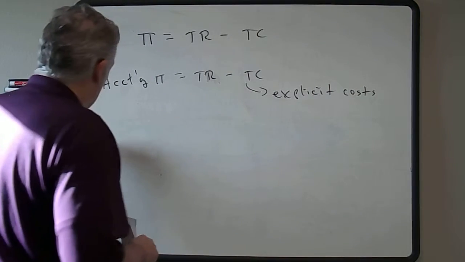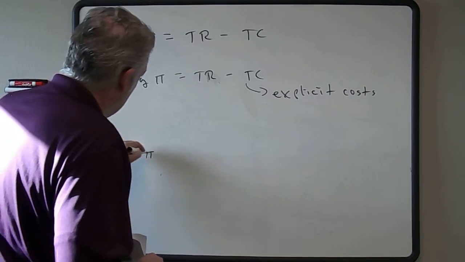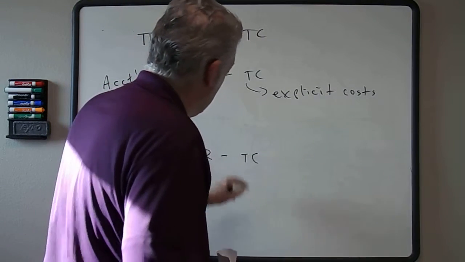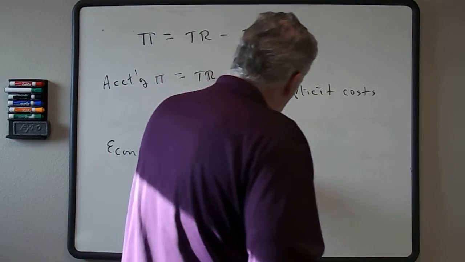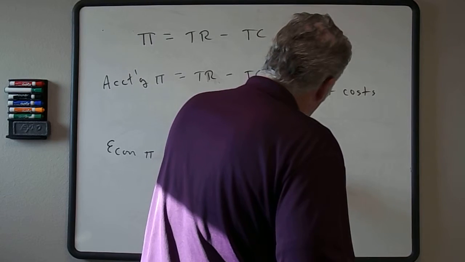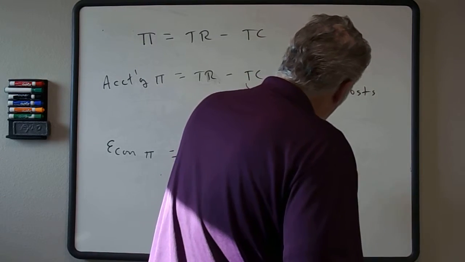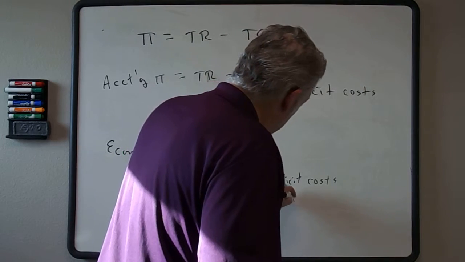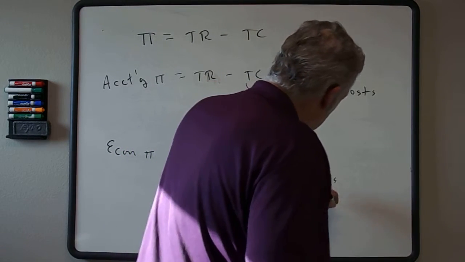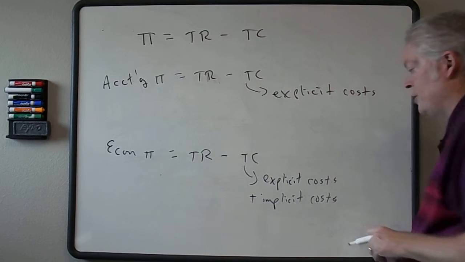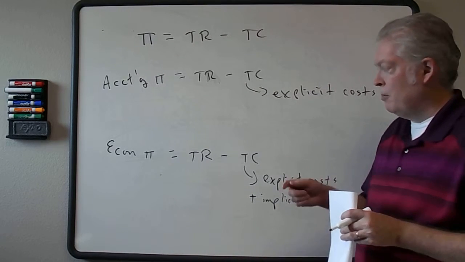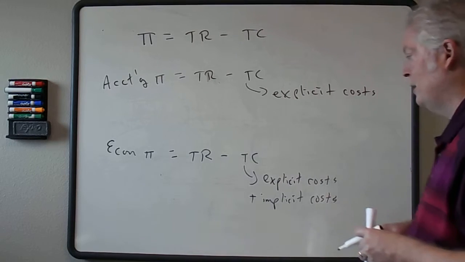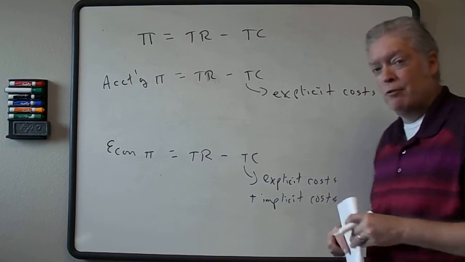In economics, however, we're much more interested in something called economic profit, which starts with the same basic formula, total revenue minus total costs. It's just that here we have another layer of cost. In addition to the explicit costs, we have implicit costs. Implicit costs represent costs that are not directly attributable to the operation of the business necessarily. There's probably no check being written for these.